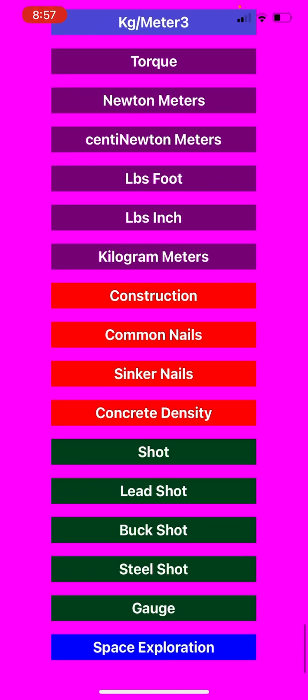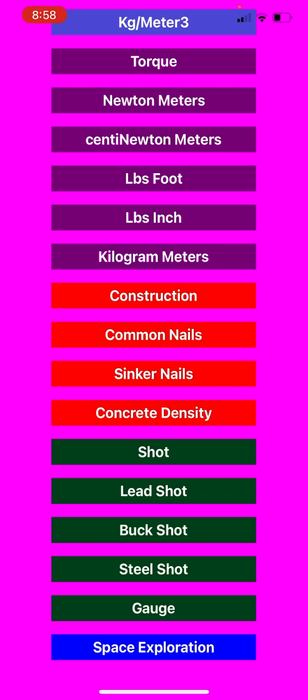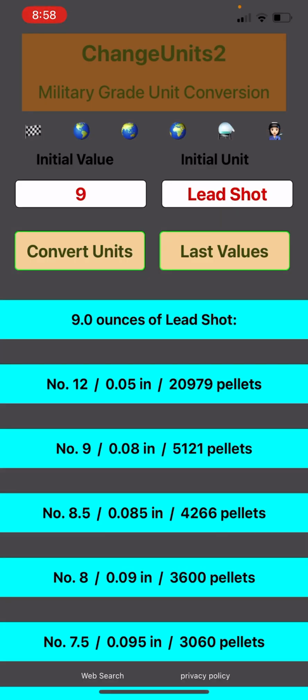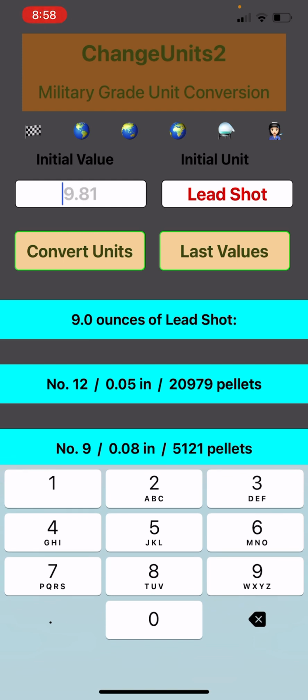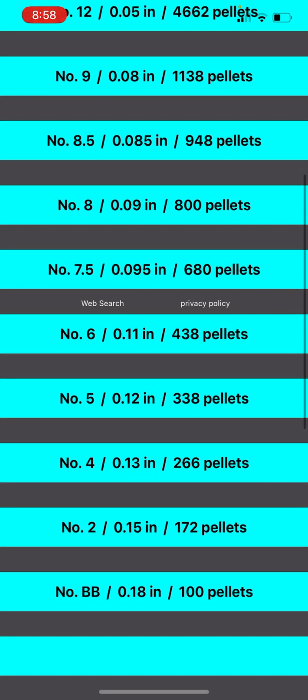We have torque, some construction stuff, and then we also have some shotgun stuff down here that might be interesting. For instance, if I press this lead shot, I can say this is 9 ounces of lead shot. That's a lot. But say 2 ounces, that's pretty common. So 2 ounces of lead shot, I can say, depending on which number shot I have.